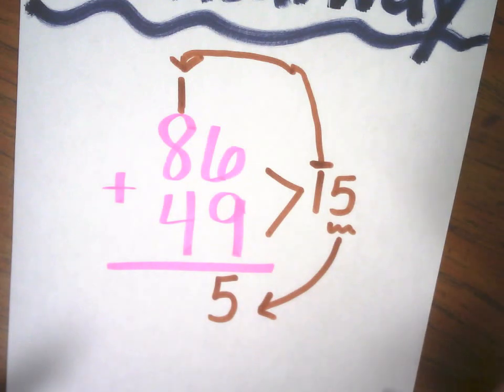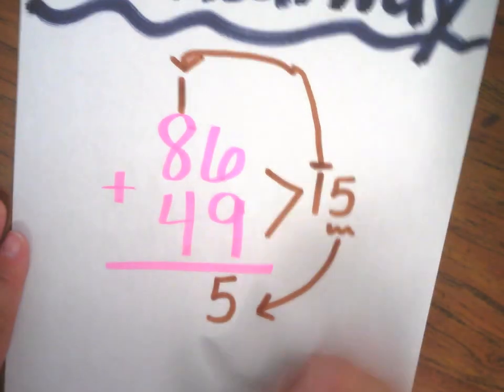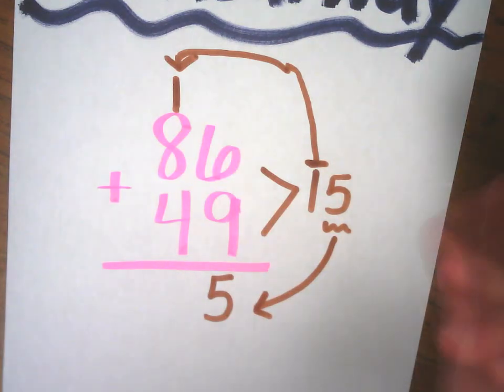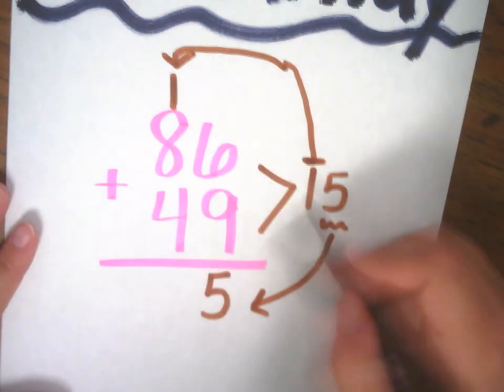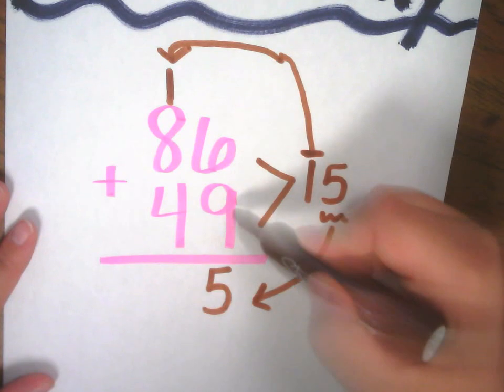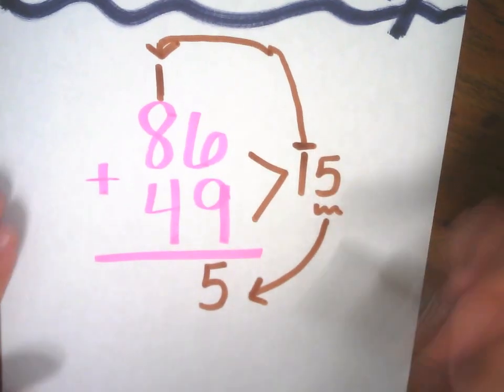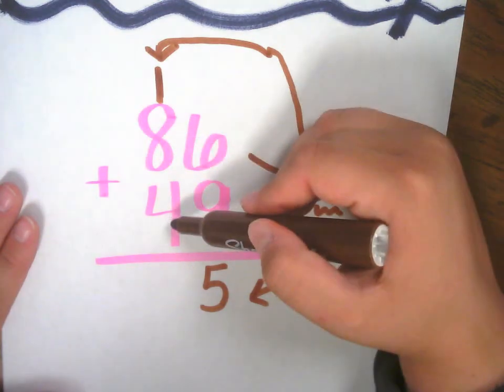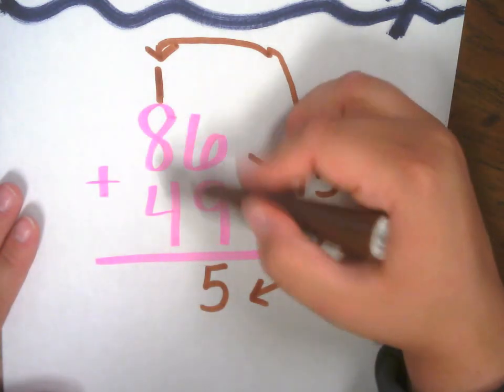Now, you could just put the 5 here and the 1 up here in the tens place. But the kids don't understand where that comes from. And that's why I use this to show them this comes from adding 6 and 9 together. And that's how I got 15. And then I have my tens. I have 1 10 plus 8 tens plus 4 tens. This is not 1 plus 8 plus 4.